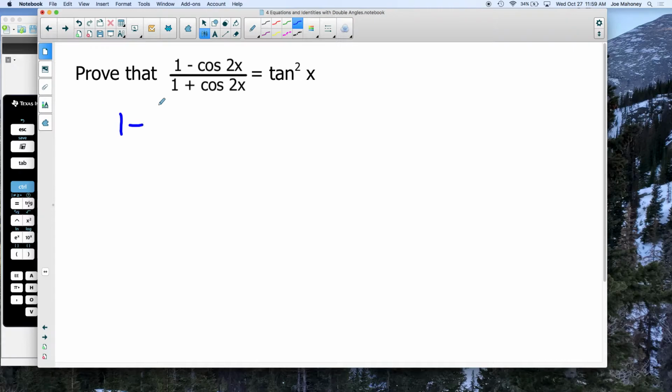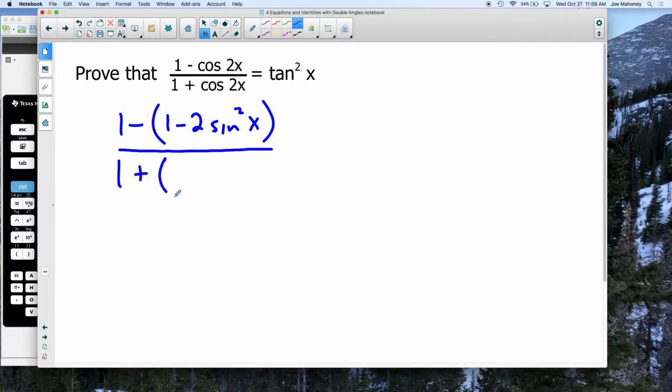instead of cosine of 2x, I'm going to use my identity 1 minus 2 sine squared x. And on bottom, instead of using cos 2x, I'm going to use the cosine formula, which is 2 cos squared x minus 1. Now let's do some distributing.